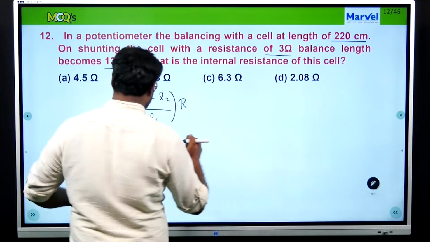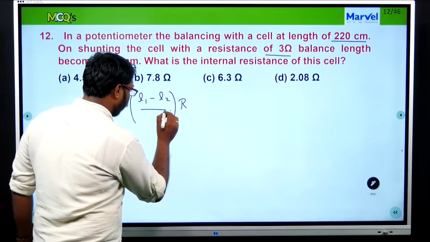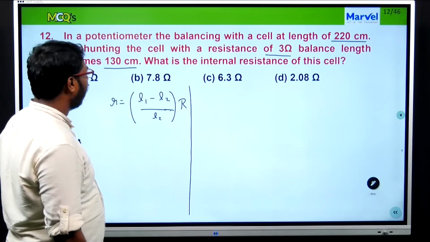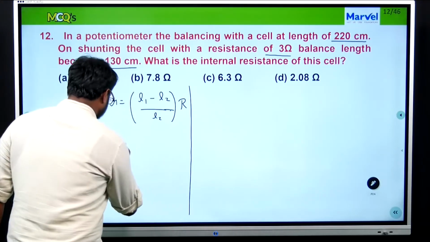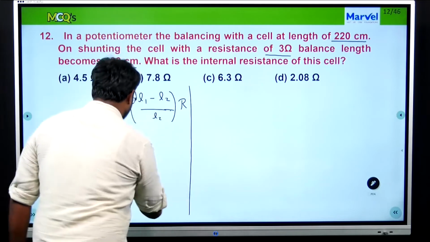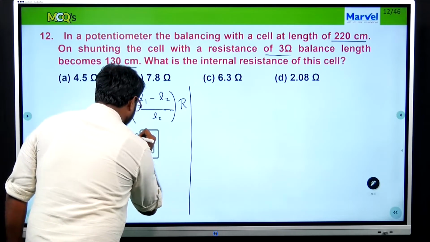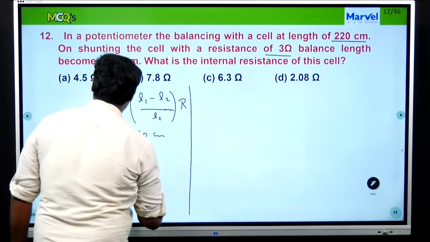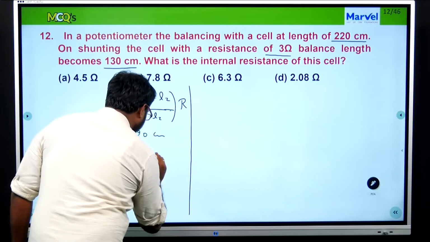Just a small correction, it's L2 in the denominator. Now, what is L1? L1 is 220 centimeters and L2 is 130 centimeters.